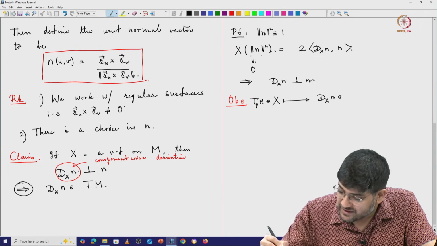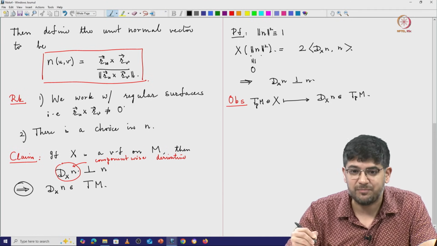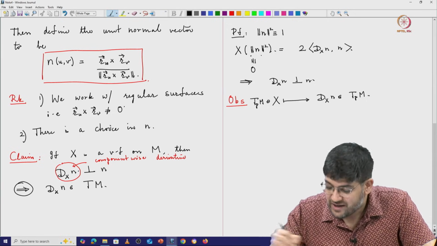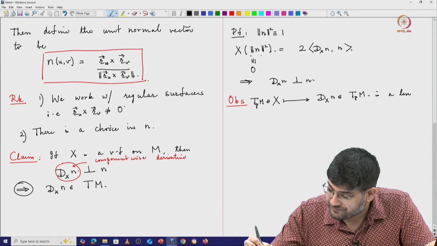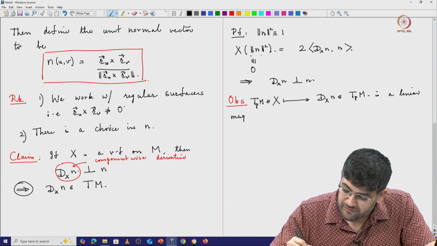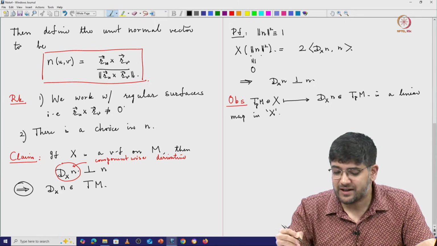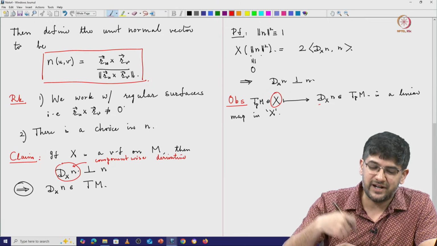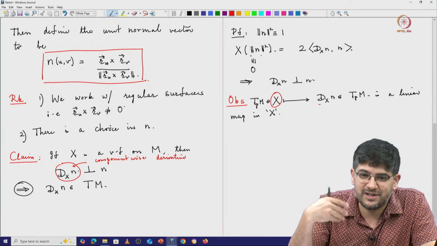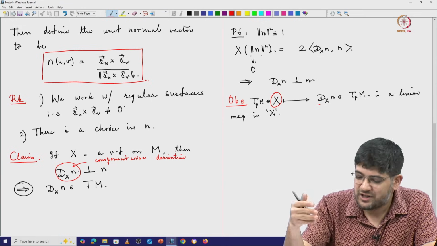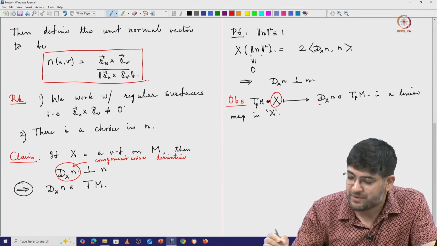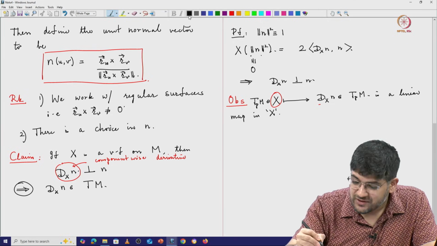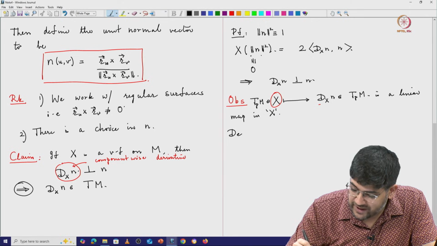Our claim has shown that this will also belong to the tangent space at M. So that means that this assignment actually gives you a linear transformation, and the observation is that this is a linear map in X, right. So if you take a linear combination of vectors here, the directional derivative basically is the linear combination of the directional derivatives of the original vectors, right. So this is a linear map, so it gives you an endomorphism of the tangent space at that point, okay. So that brings me to the next definition.